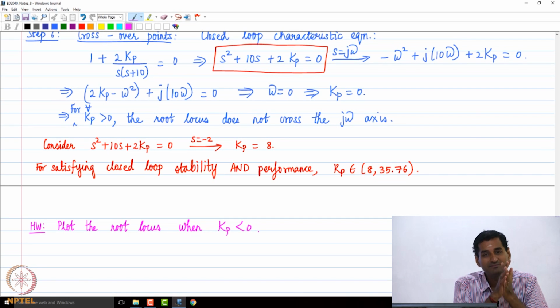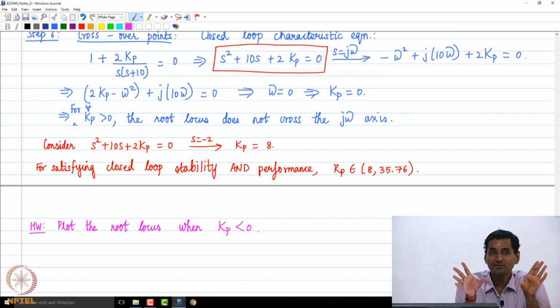That is what will happen when Kp is negative, but the reason I am asking you to do it is that many times people would want the root locus plotted for a parameter that is varied from minus infinity to plus infinity. Then you can't plot it in one go.